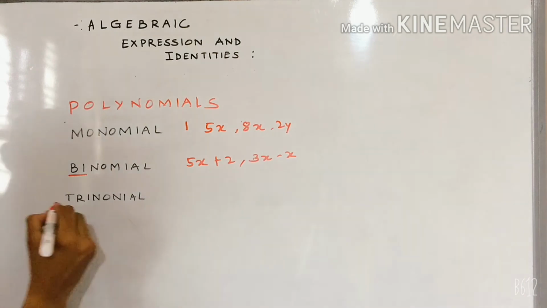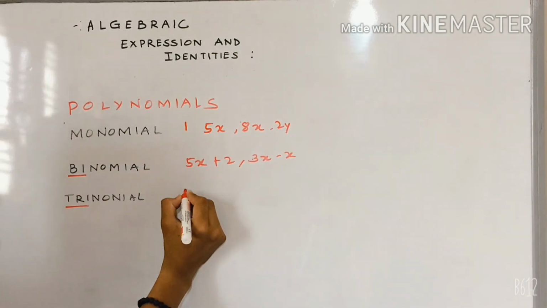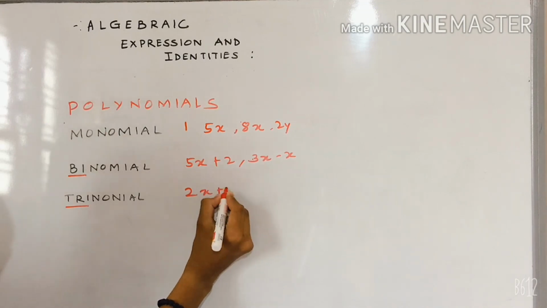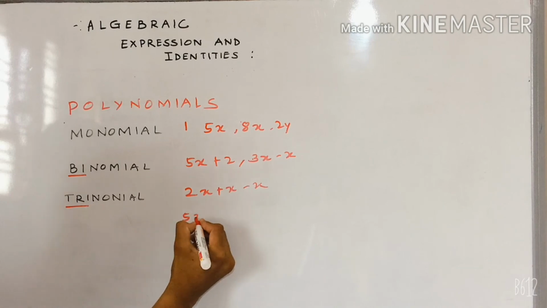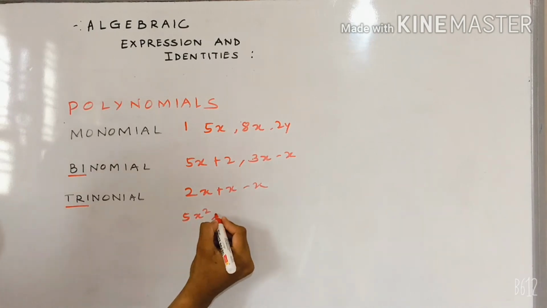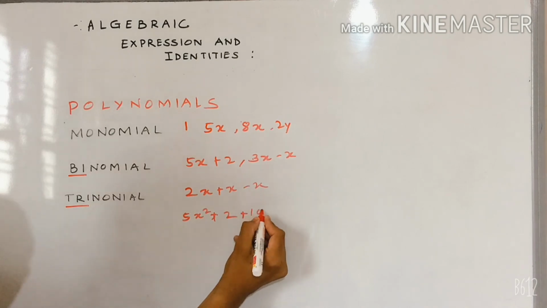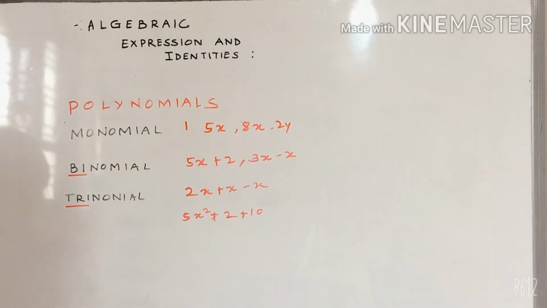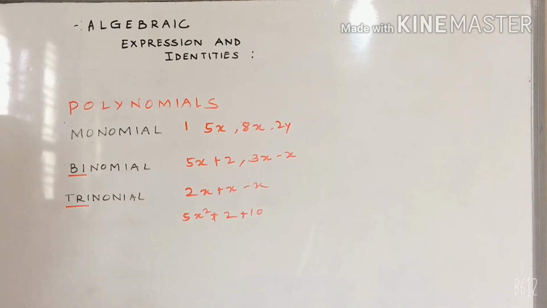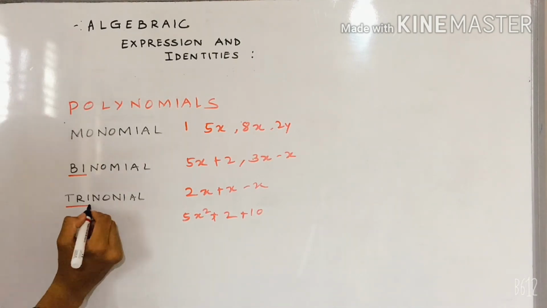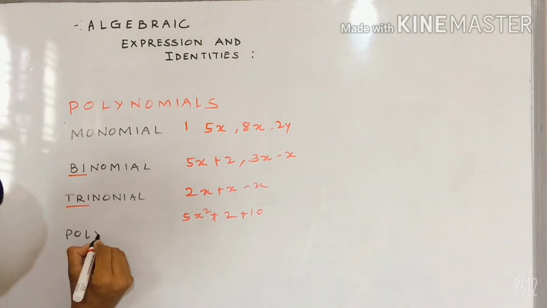And in the trinomial, tri tells us three terms, like 2x plus x minus x and 5x square plus 2 plus 10. Such expressions are built up in polynomials, and if there are more than three terms, then we get a polynomial itself.